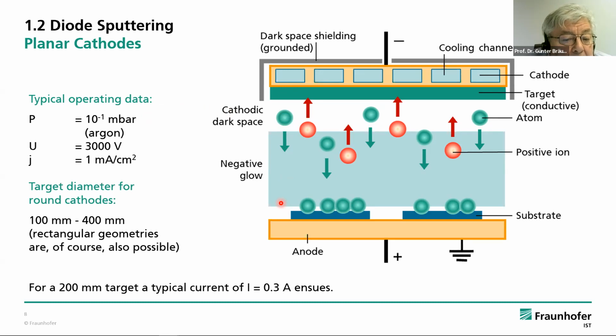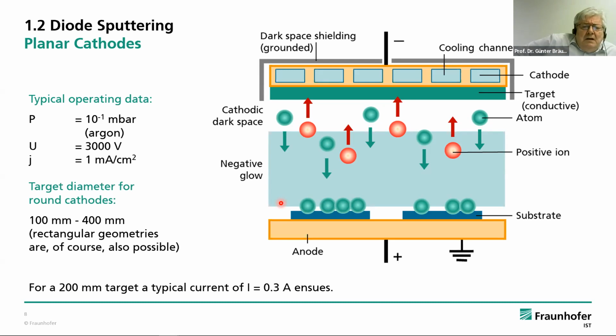The target diameters for round cathodes are 100 millimeters to 400 millimeters. Rectangular geometries are possible, of course. If we take the numbers here, then for a 200 millimeter target, a typical current of 0.3 amps results. This is not very much.